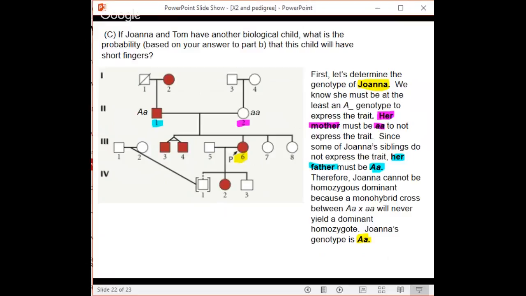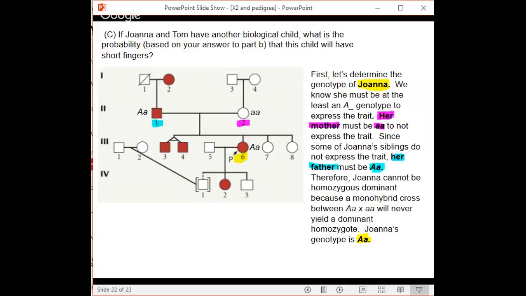Her father can't be homozygous dominant because all of his children would have that. And a cross between a heterozygous and a homozygous recessive will yield a ratio like the one we see here.